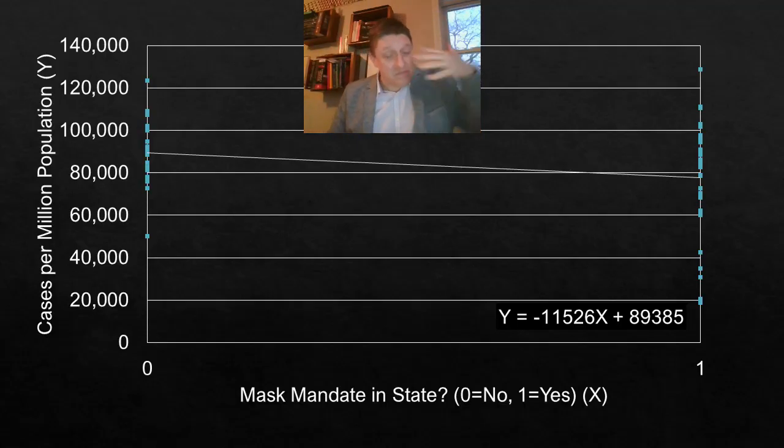You know, the mask mandate is about explaining a 20th of what's going on, and don't get me wrong, that's better than the 89,385 figure, but it's not explaining everything either. And the equation for a line can tell us this. It can take two ideas that sound like, yep, that might really do it, and it allows us to say, hold on, it's really not explaining much of anything in the case of the United States, or it's not explaining very much.